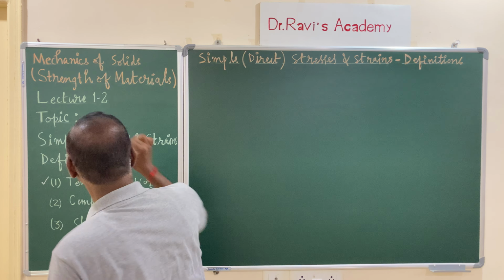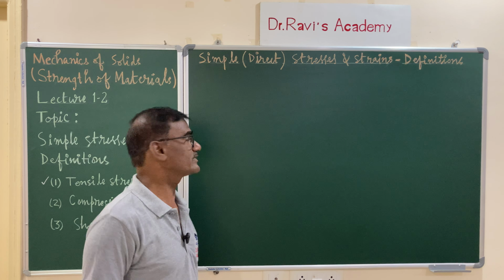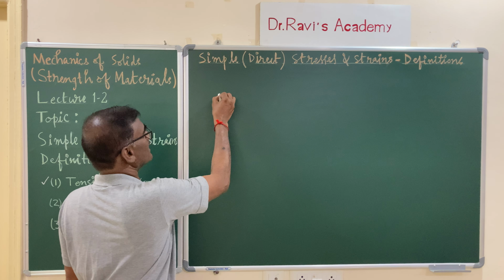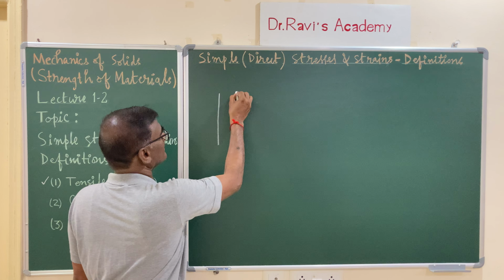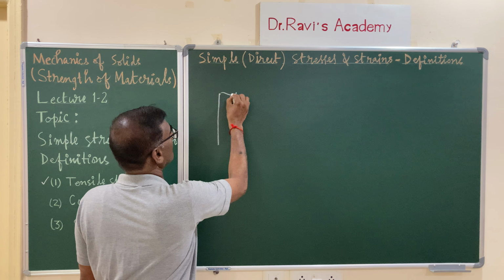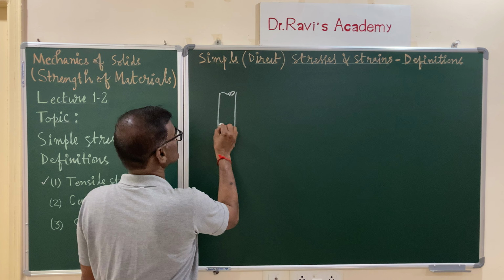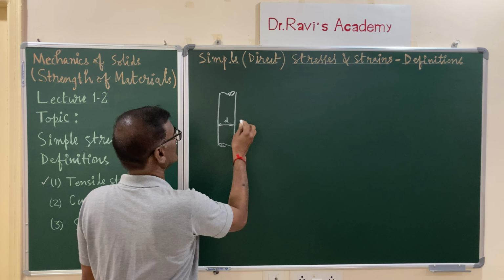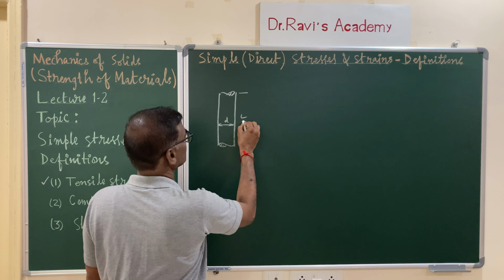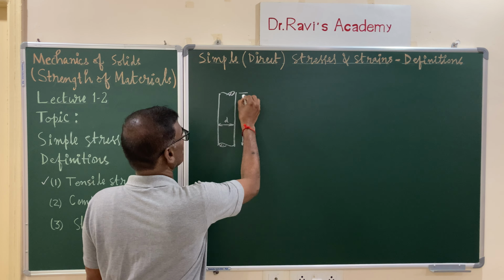Let us look at tensile stress by means of a diagram. I am considering a slender bar of diameter D and length L. L is the length of the bar.